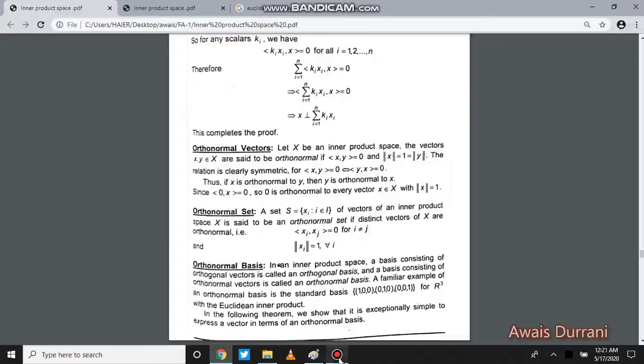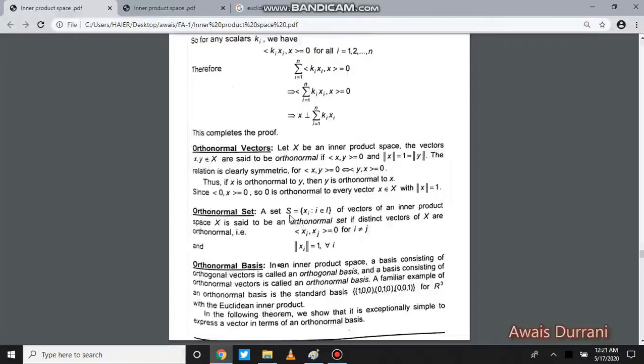Now coming towards the definition of the orthonormal set, compare it to the concept of the orthogonal set. It is similar to that. What is an orthonormal set? A set whose distinct elements are orthonormal to each other is called an orthonormal set.